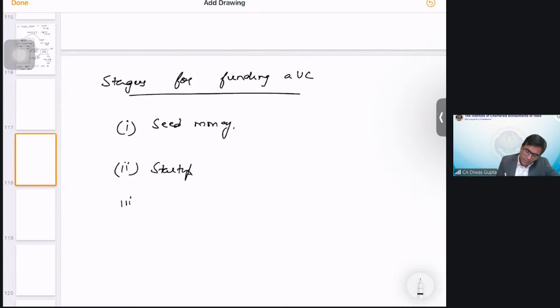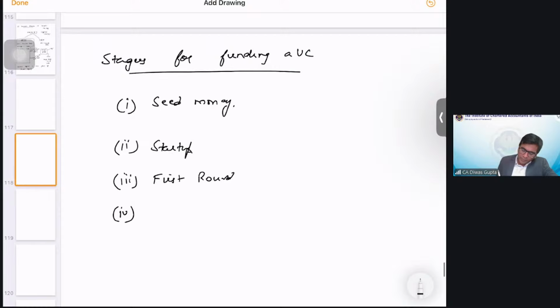Then the first round generally happens once you start your commercial operations. That means your early sales and manufacturing will be funded in the first round, right? Then slowly, gradually, you will ramp up your production and sales, but you have still not become profitable.